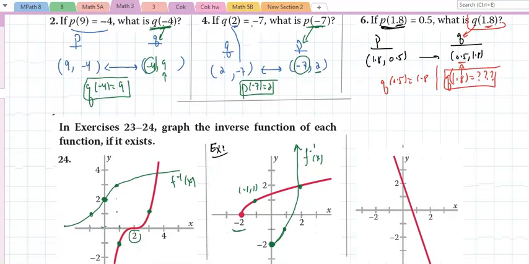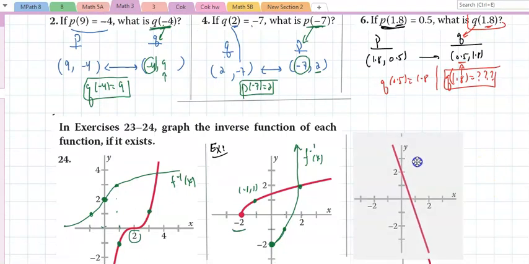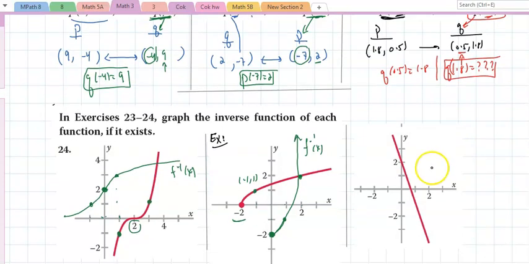So I added one more example, and it's right there. If I wanted to sketch the graph of the inverse, I would switch x with y. This point is 0, 2, so 2, 0 will be a point, and this point looks like 1, negative 1, so negative 1, 1. Connect those with a straight edge.